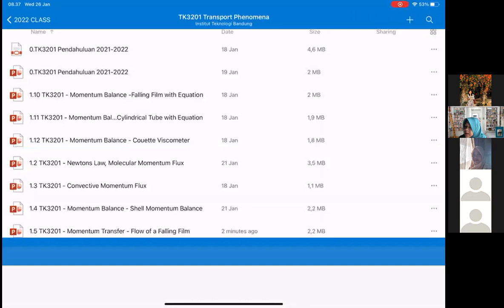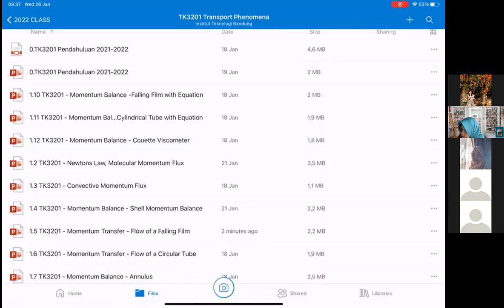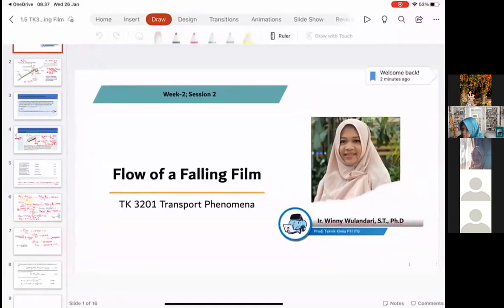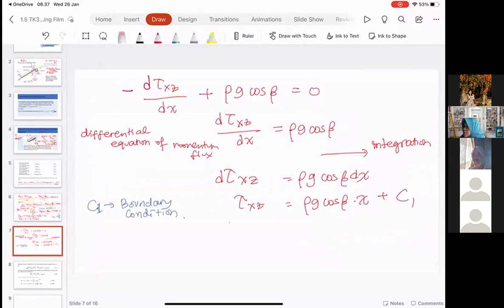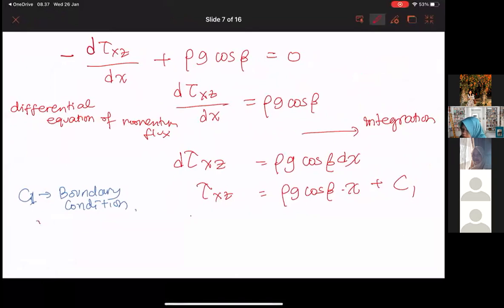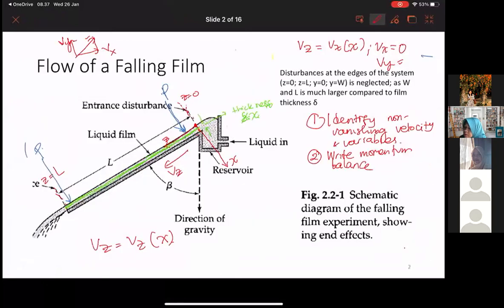Okay, so then we can go back again to the previous one, which is this one. Because we have to find the boundary condition, we can write that at x equal to 0, which is on the surface, because if you remember in the previous one here, this is the boundary, this is the surface.